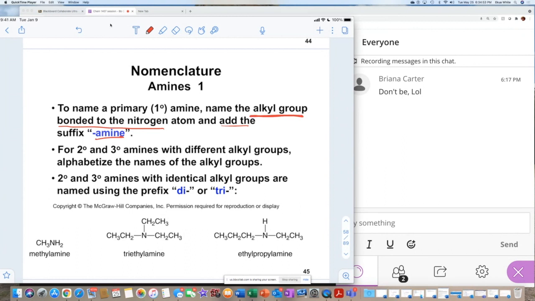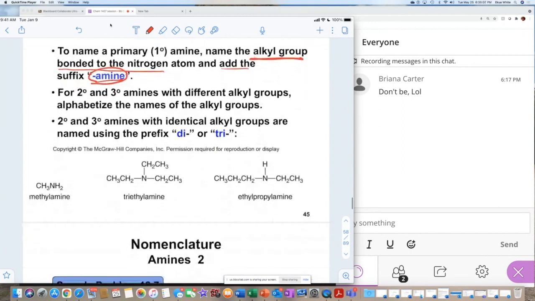So name the side groups attached to nitrogen as an alkyl group, and then add the word amine. Okay? So for secondary and tertiary amines with different alkyl groups, alphabetize them like we've done before. The one with the ethyl before the methyl and then the propyl. If your alkyl groups are identical, use di, tri, depending on how many you have that are identical.